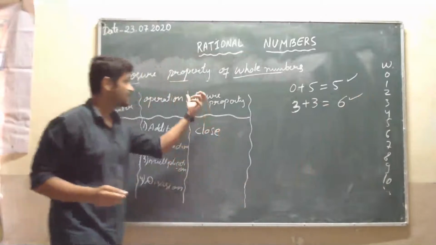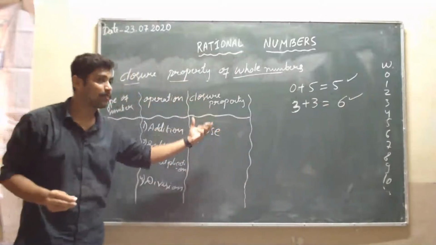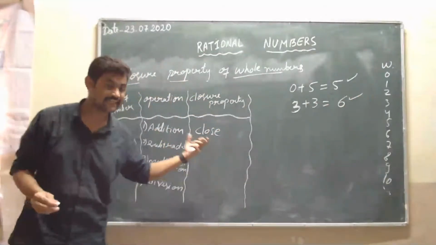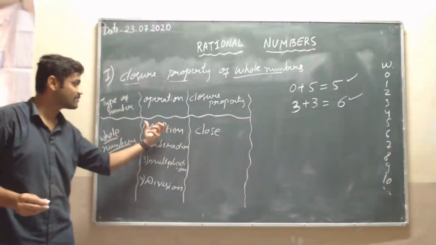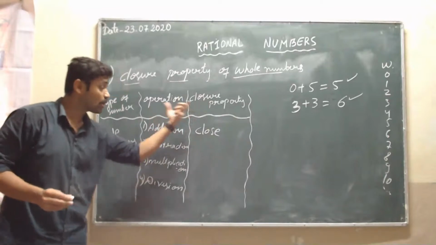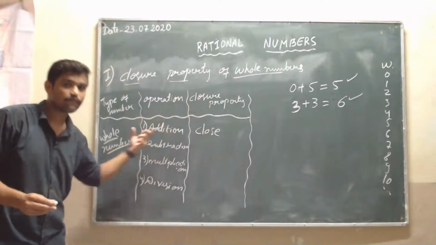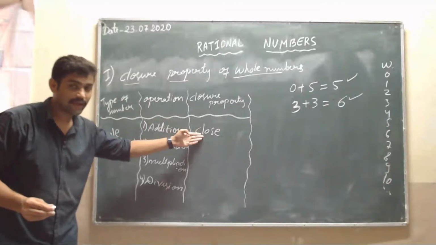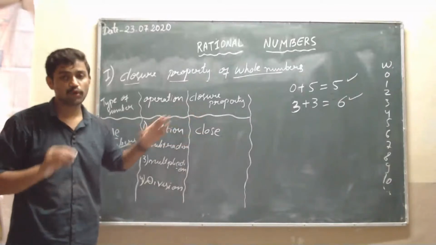Then it will close, meaning it will obey the closure property. The addition of whole numbers will obey or close under the closure property.